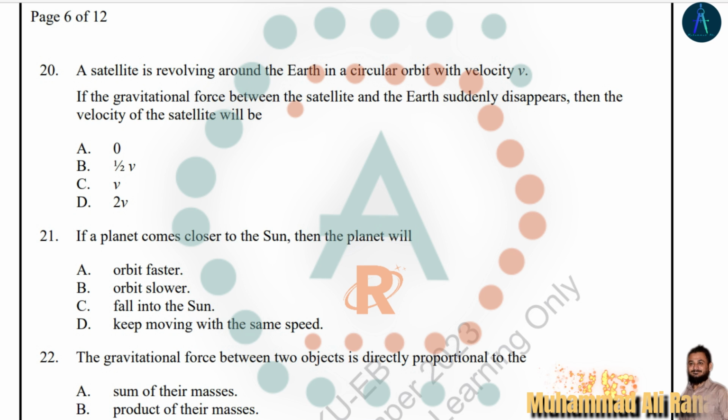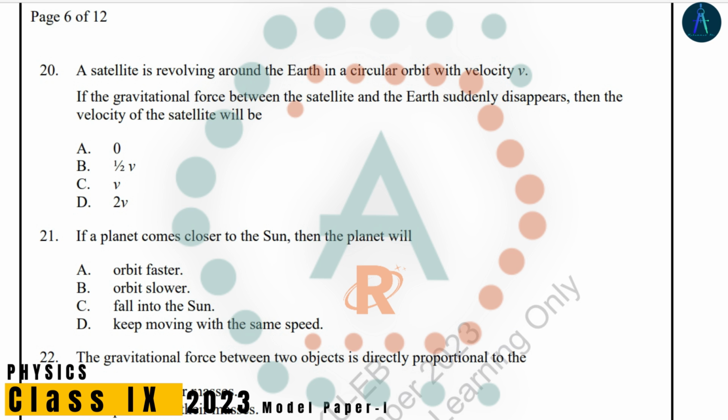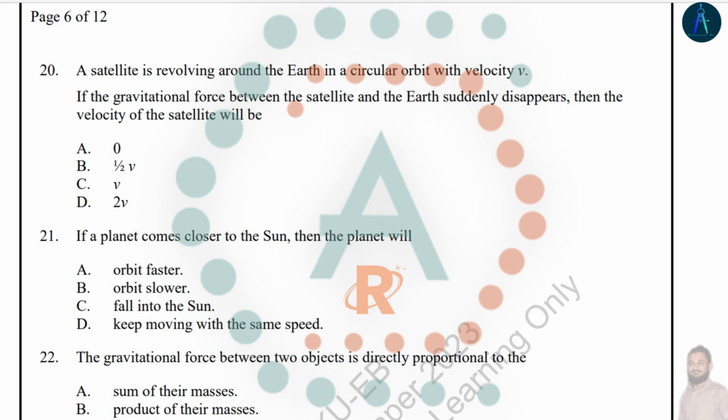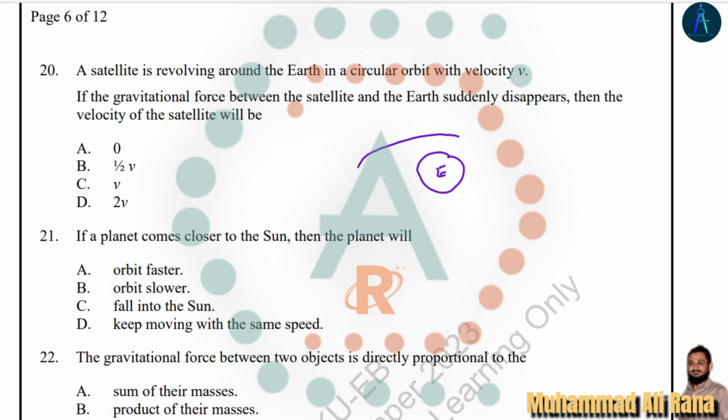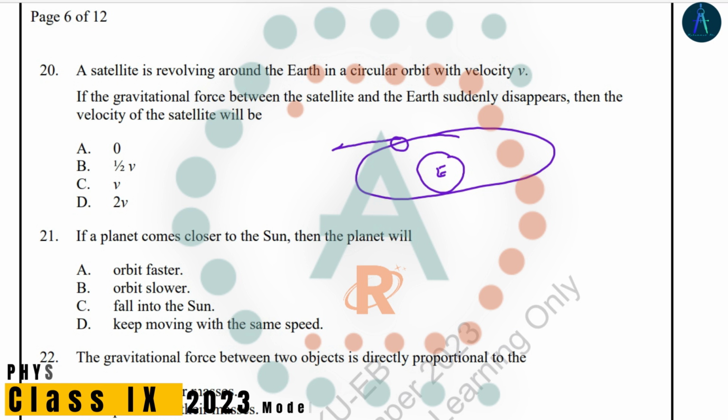A satellite is revolving around the Earth in a circular path with a velocity v. If the gravitational force between the satellite and the Earth suddenly disappears, then what would the velocity of the satellite be? Let's say this is our Earth, this is the path of the satellite, and this is our satellite that is moving in that direction.